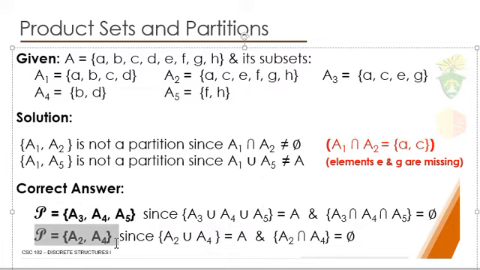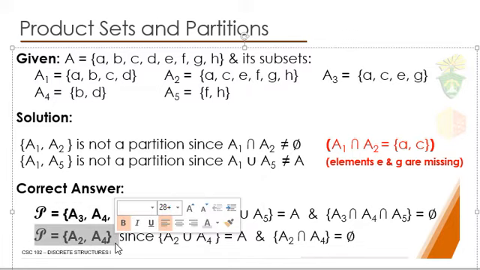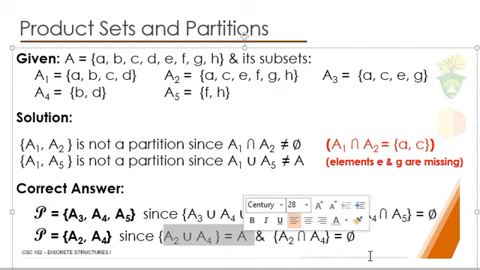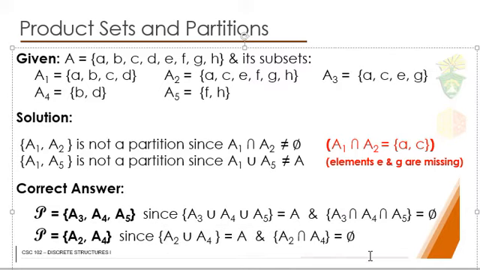Let's check A sub 2 and A sub 4. Is it a partition set of A? So again, let's check kung ang union ba nila mo equate ba kay A. The answer is yes. Ang ila bang intersection?